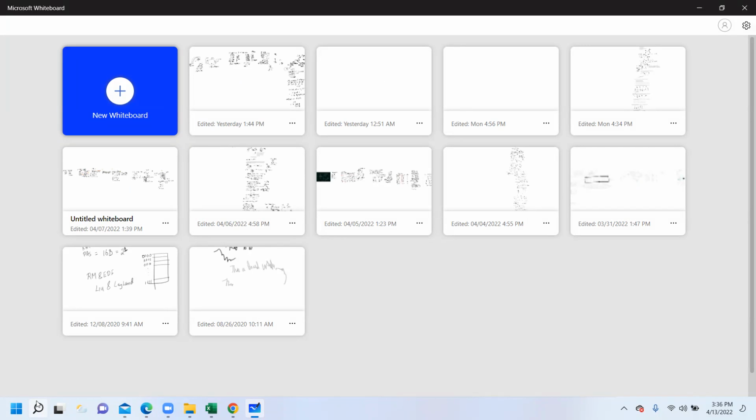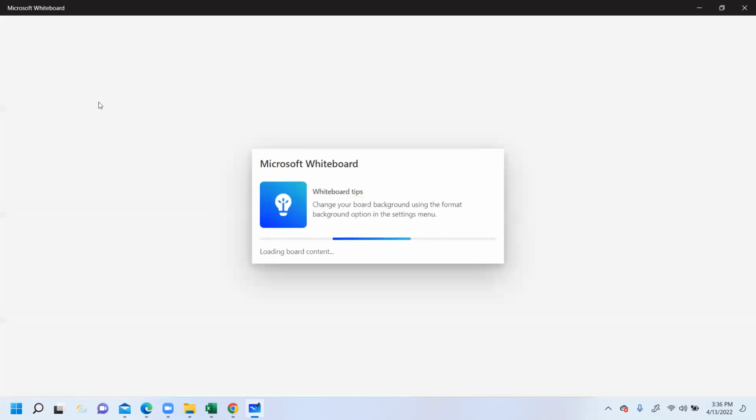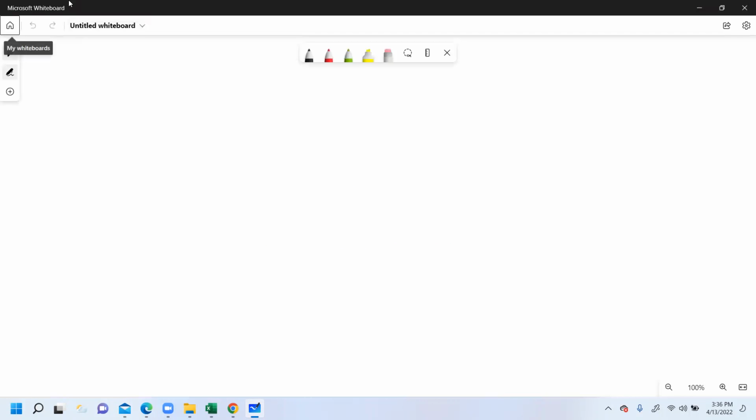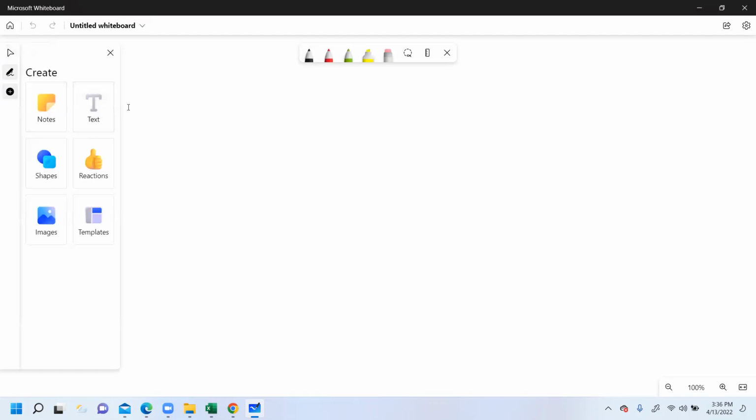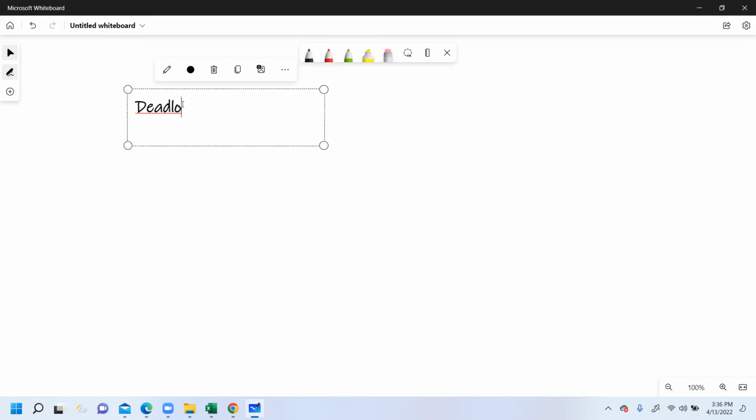I'll open the whiteboard and start working on that. I'll write a few points. Deadlock avoidance using banker's algorithm.